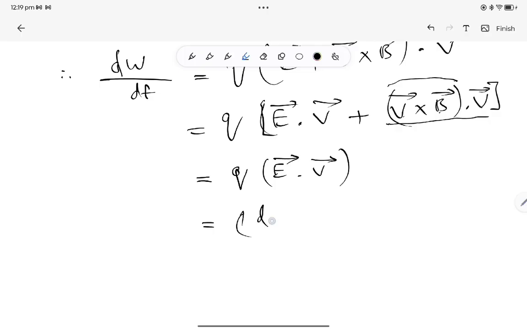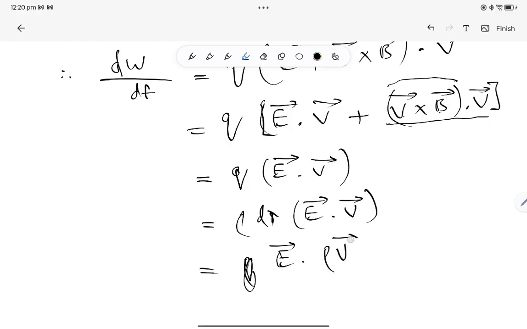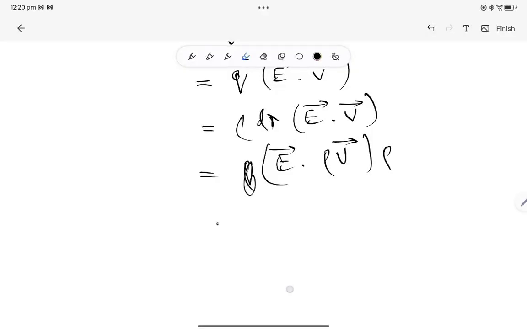So you have rho d tau, the volume element, into E dot V, that is E dot rho V d tau. Now rho V, as we saw, is the current density.